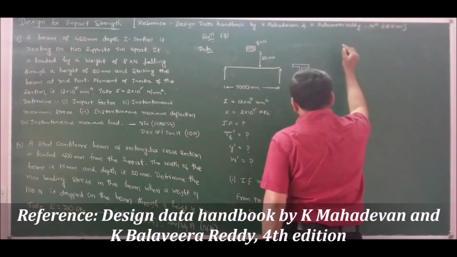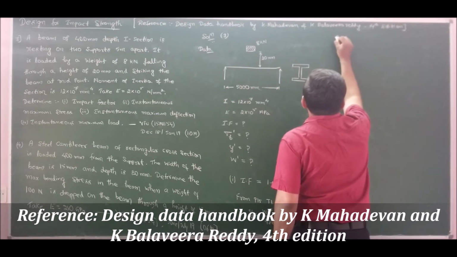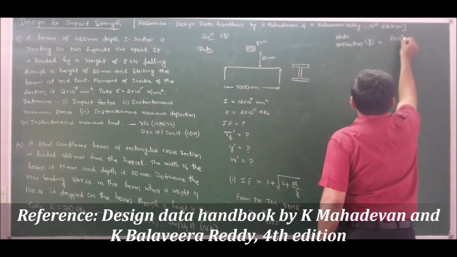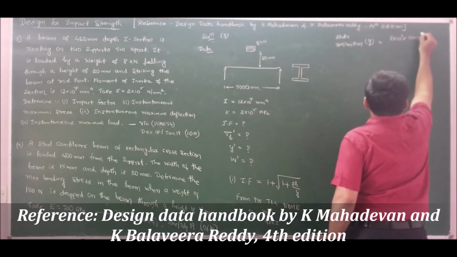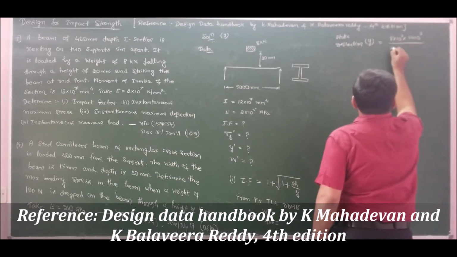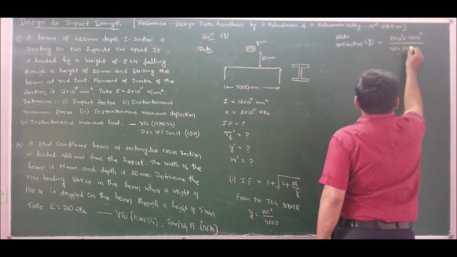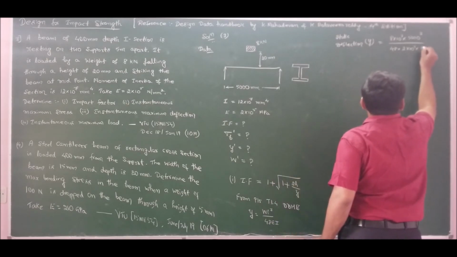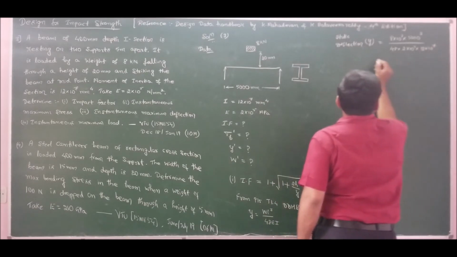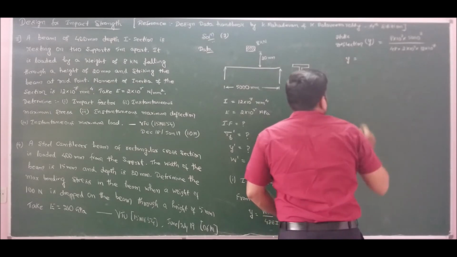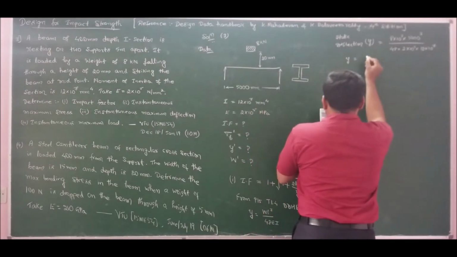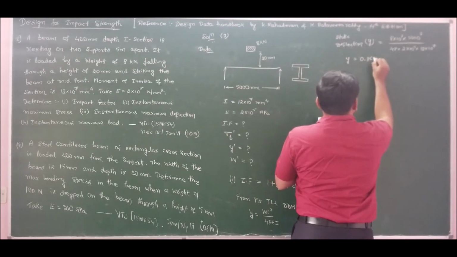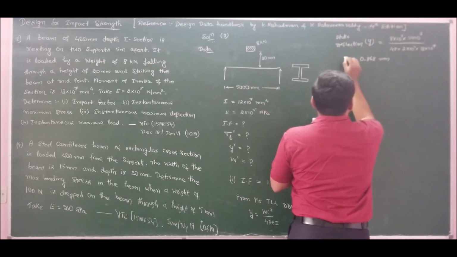So if I substitute and solve, I will get the value of static deflection Y equal to 8 into 10 to the power of 3 into length 5000 cubed, FL cube, by 48 EI, that is 48 into 2 into 10 to the power of 5, and moment of inertia is given to us as 12 into 10 to the power of 7. If I solve, I'll get the value of static deflection as 0.86 millimeters.